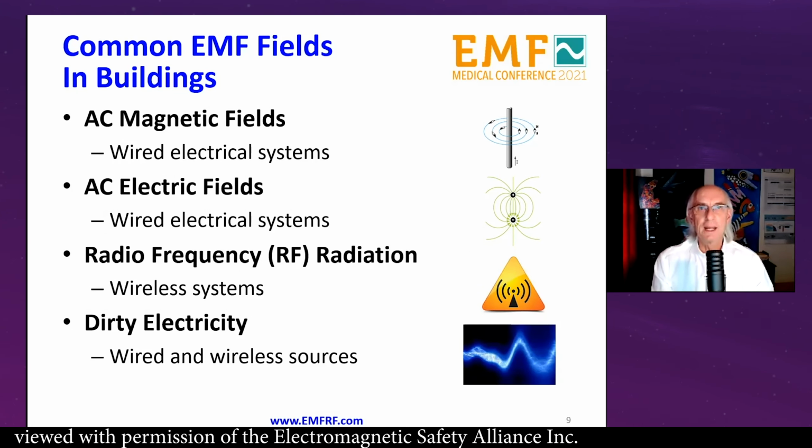So let's look at the ones we are really focusing on. AC stands for alternating current. That's the type of electricity we have in our electrical wires. So we have magnetic fields, electric fields, radio frequencies, and dirty electricity. Those are the main sources of EMF in a building.